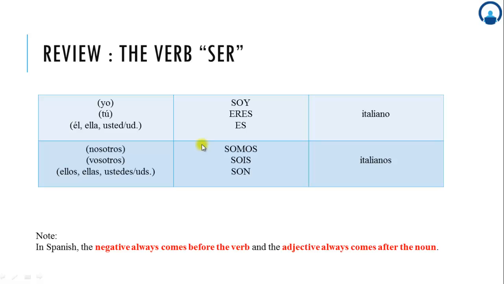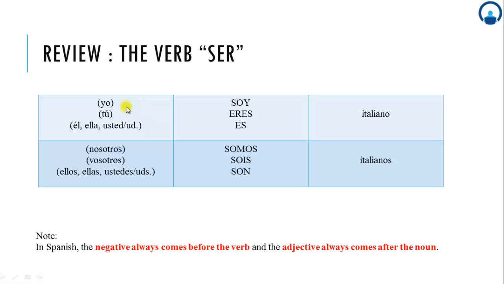Also, up till now we are writing statements, so it is pretty much like English statements. If you say yo soy italiano, that means I am Italian. While writing in Spanish, it is not necessary to write these subject pronouns.